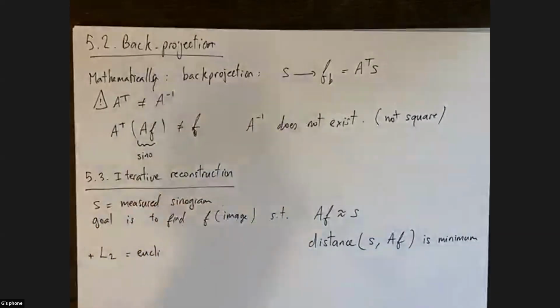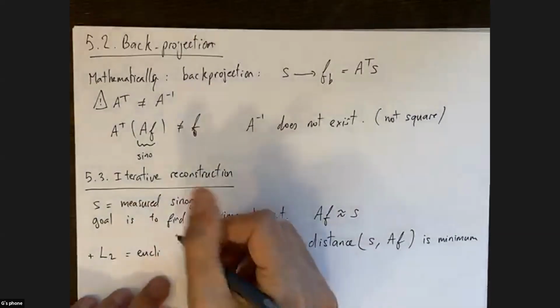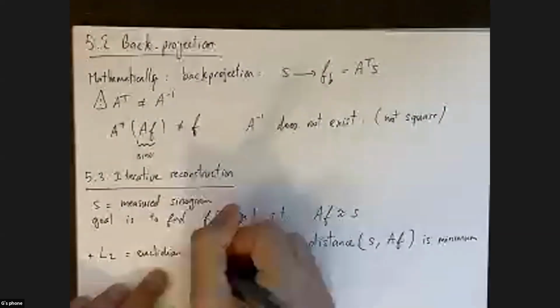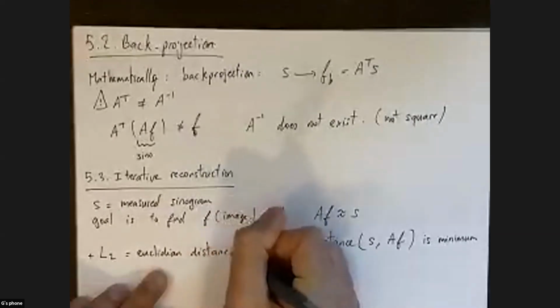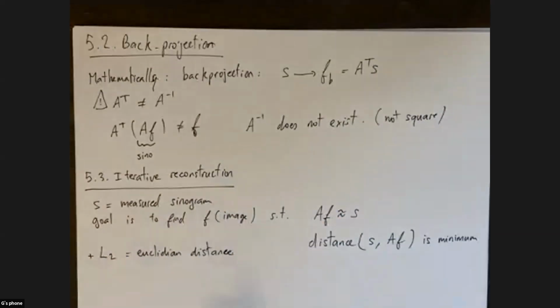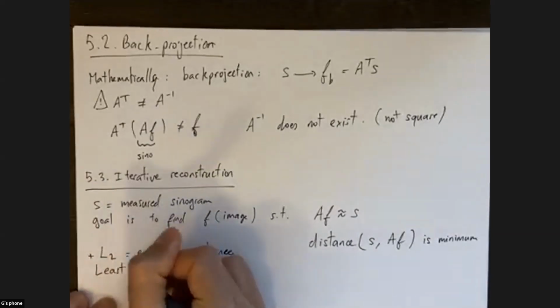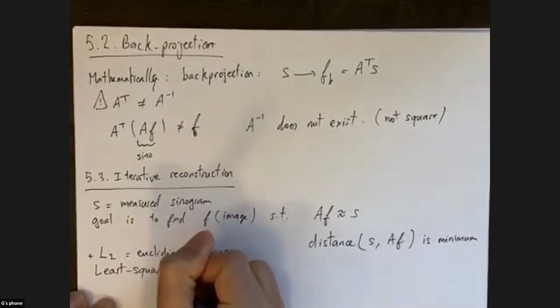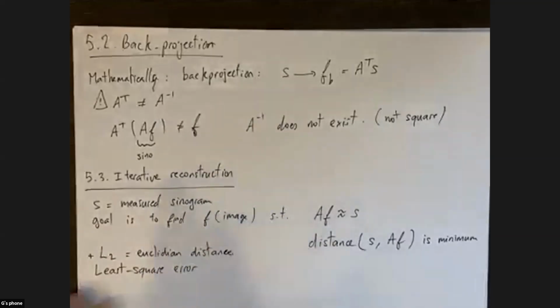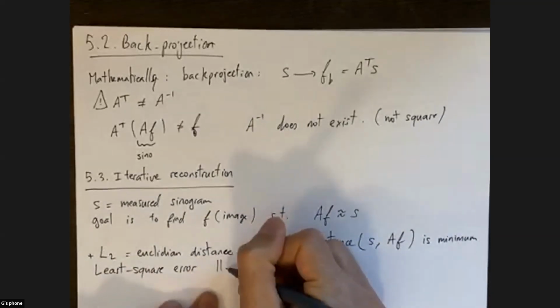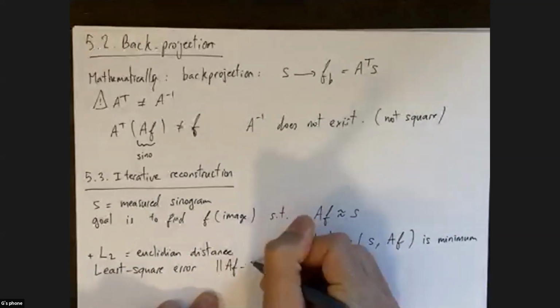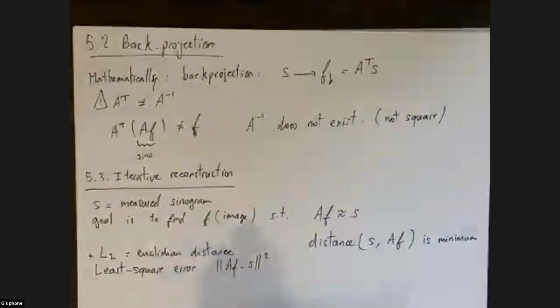That's the traditional distance you use in space, in 3D or in higher dimensions. When you use L2, this is called the least square. So we're trying to minimize the least square error, the distance between AF minus S, squared. This is how we represent the distance.